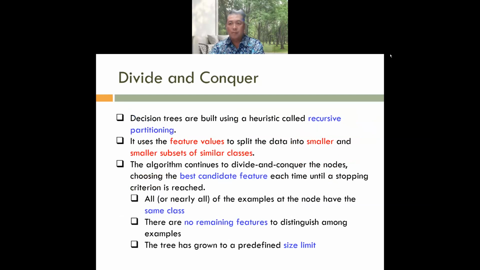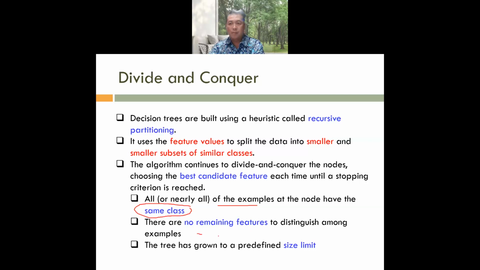The decision tree is built using a heuristic called recursive partitioning. Recursive partitioning means that you use the value to partition, and then you perform sub-partitions again until you reach the stopping condition. The stopping criterion is reached when all the examples in the node have the same class, so you do not have to split further.